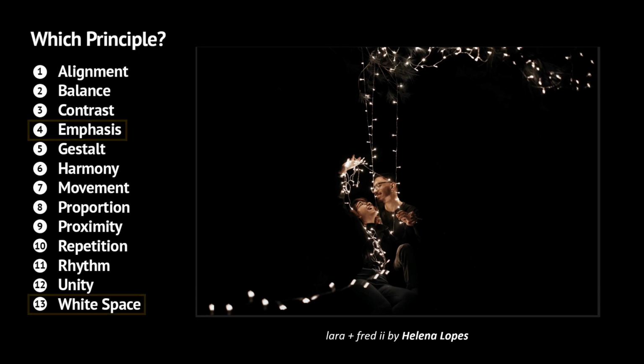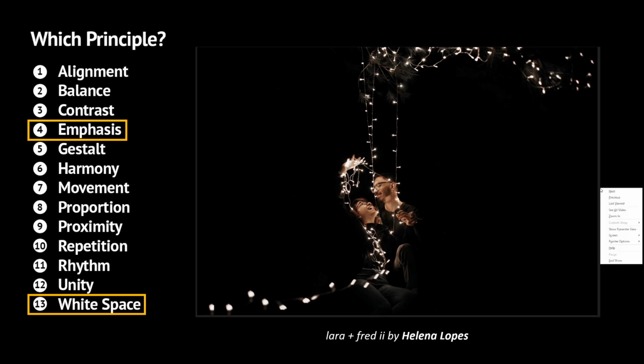The first one is emphasis. You can see that because of a lack of distractions from the other elements, the photo is relatively uncluttered. Our attention is immediately drawn to the two characters, the two humans in the photo.